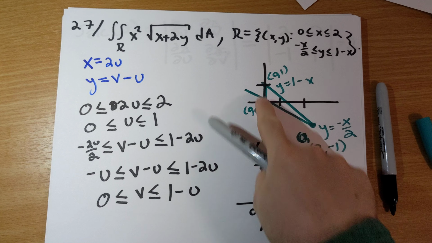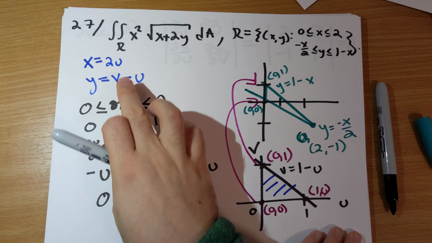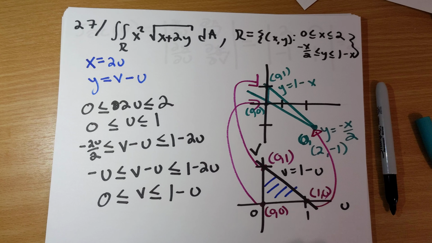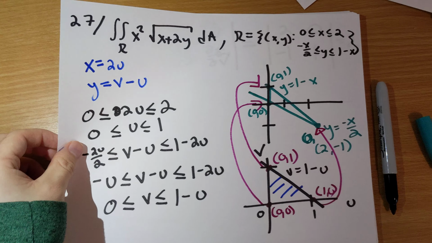If u is 0 and v is 1, x is 2 times 0, 0, y is 1 minus 0 is 1. And then if u is 1 and v is 0, x becomes 2 times 1 is 2, y becomes 0 minus 1 is negative 1. So that gets sent there. So this is all kind of checking out.